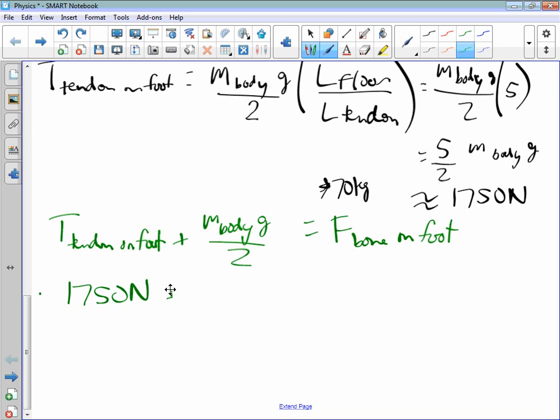Mass of the body, we said was 70 kilograms. g, they were using rough estimates here. They're saying about 10 newtons for every kilogram, gravitational field force. Over 2 would be equal to that force of the bone on the foot.